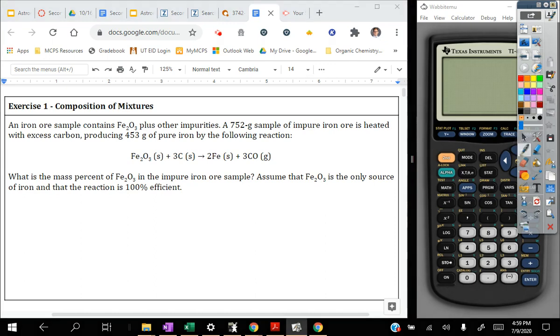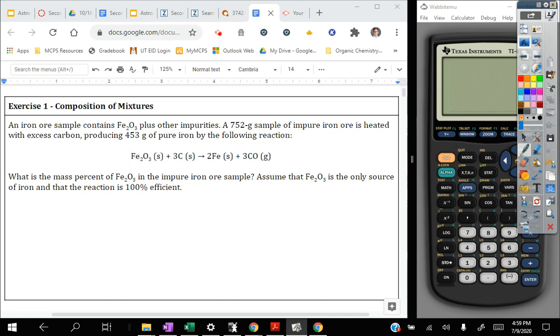So here we have an iron ore that contains primarily Fe2O3 plus other impurities. A 752 gram sample of the impure iron ore is heated with excess carbon, producing 453 grams of pure iron by the following reaction. In this reaction, we have 1 mole of Fe2O3 reacting with 3 moles of carbon, and it is a single replacement reaction, so the carbon displaces the iron.